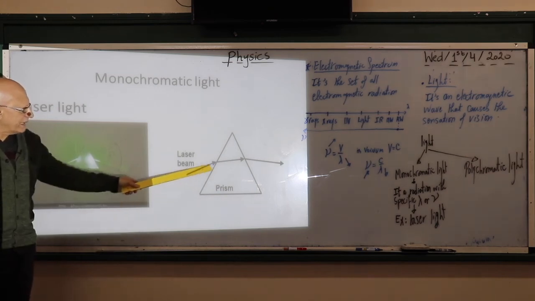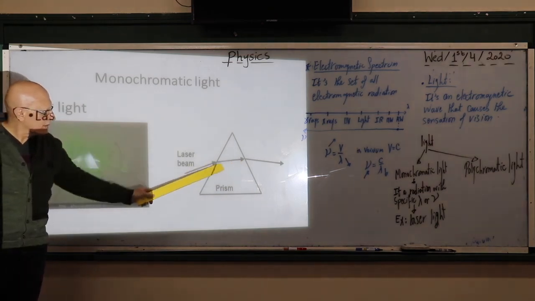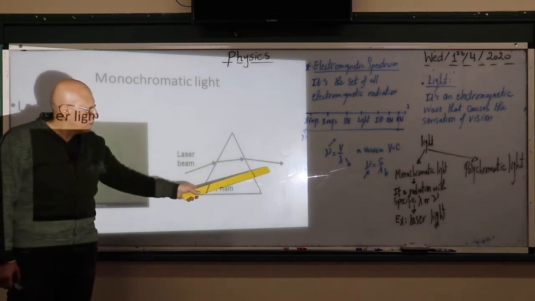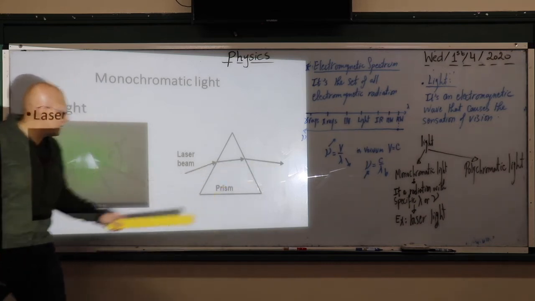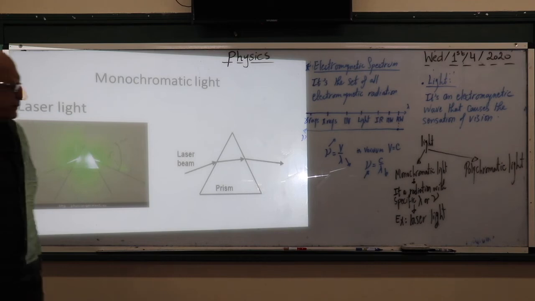Here, this is a schematic drawing. We send a laser beam. It makes double refraction here, and then it leaves as one radiation. This is an analogy to this real situation. So laser light is monochromatic light.